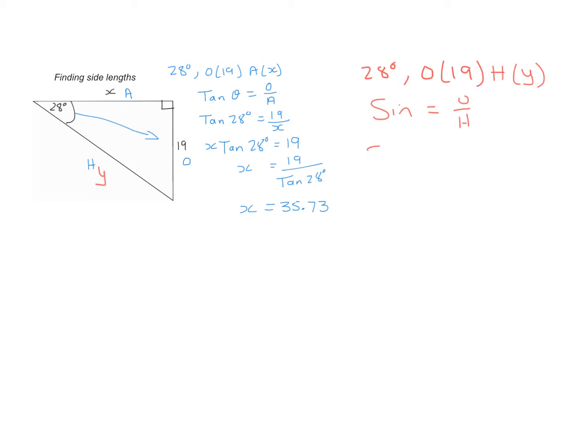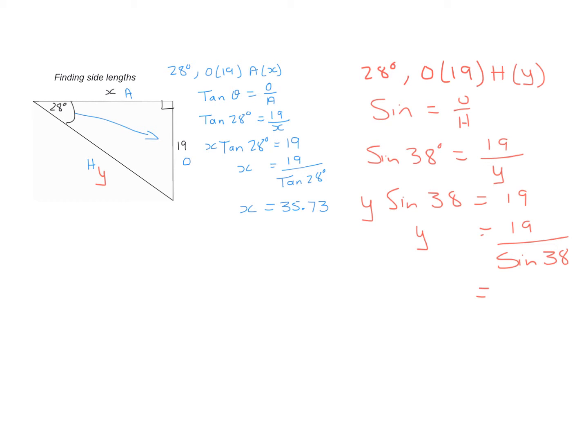So sine of 28 degrees equals my 19 over my hypotenuse, which I'm going to call y. So y sine of 28 equals 19. I need y by itself, so y equals 19 divided by the sine of 28 degrees, and that is 40.47. Therefore y is going to be that value.